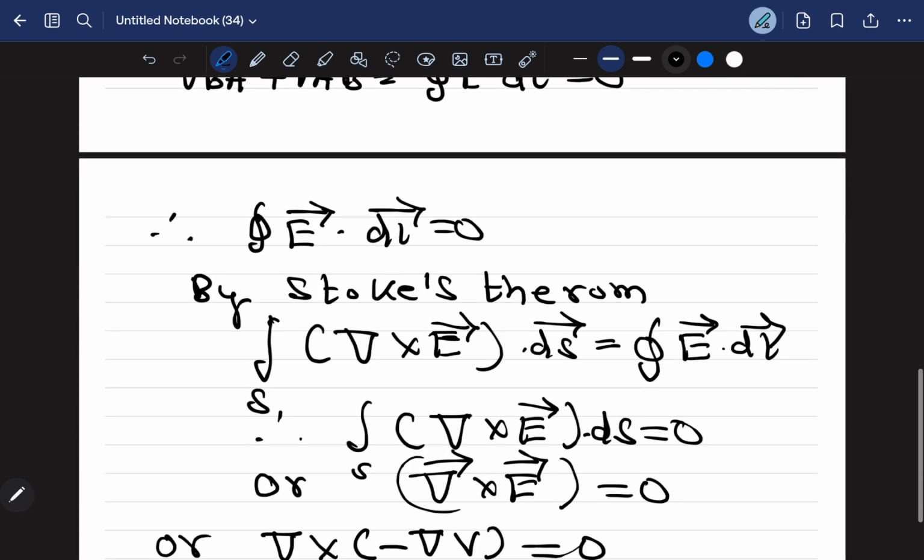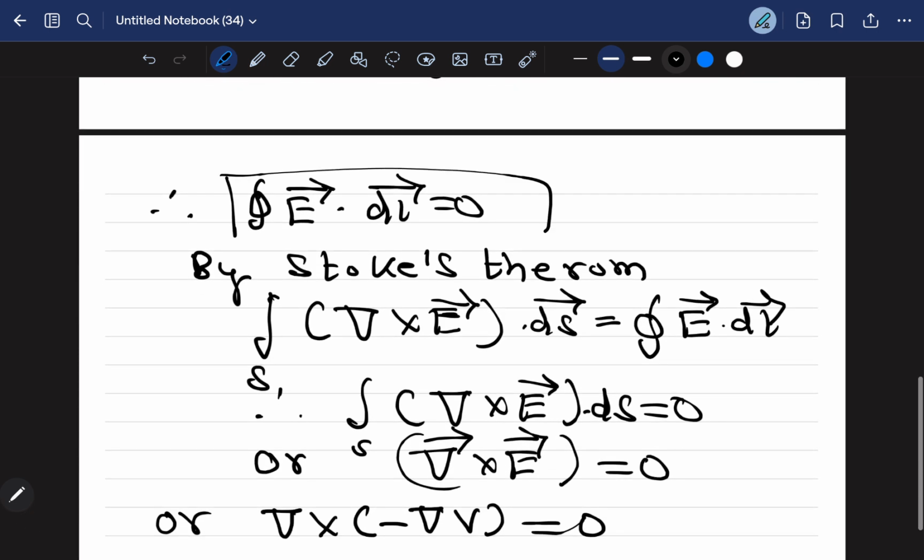Now this is the main thing: the closed integration of E dot dl in any path is equal to 0. That means the electric field is conservative. So the work done in moving a unit positive charge, or any charge, in a conservative electric field by an external force is always equal to 0.